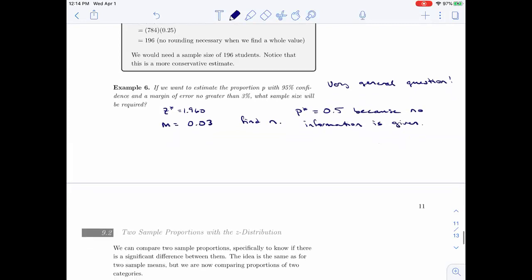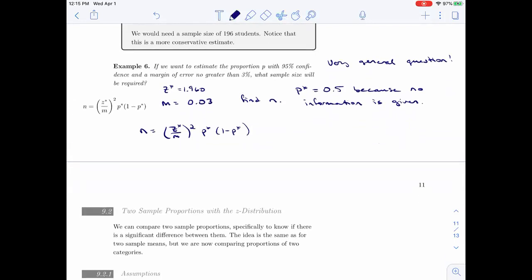So n is Z star over M, squared, times P star times 1 minus P star. In my case, Z star is 1.960 divided by 0.03, making sure that you convert that 3% into a proportion, times 0.5 times 0.5.